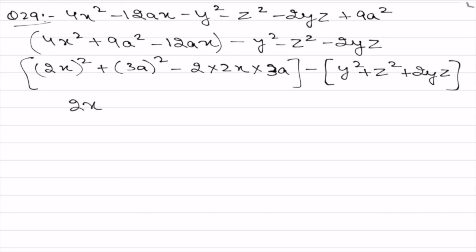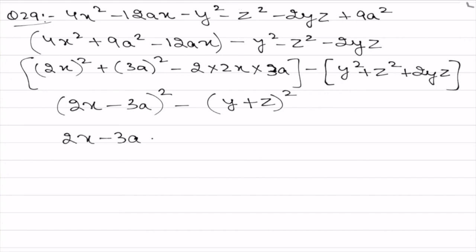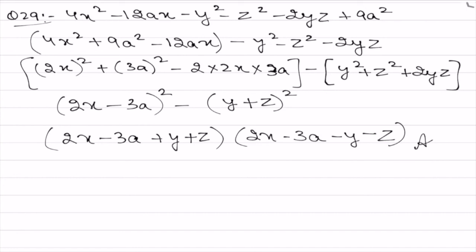So (2x minus 3a) whole square minus (y plus z) whole square. So again we will use the identity a square minus b square: (2x minus 3a plus y plus z) and (2x minus 3a minus y minus z). So these are the 2 factors of the given expression.